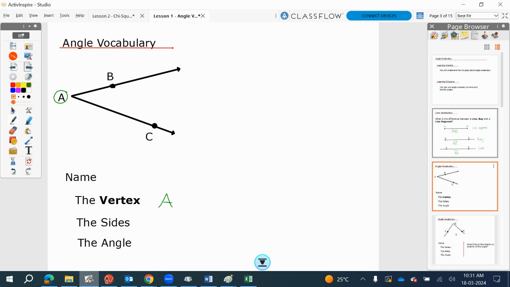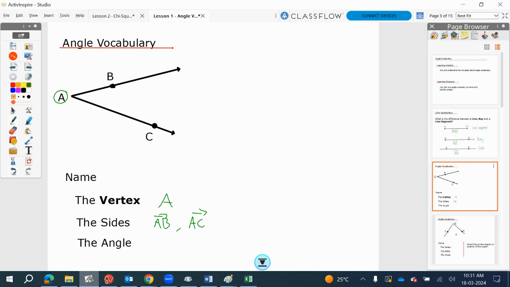So it's the vertex at A. The sides, well, we've got 2 rays here. We've got one side AB, and we have another side AC. And these are rays. So this would be the vertex, we have one side AB, and a second side AC, made up of 2 rays.